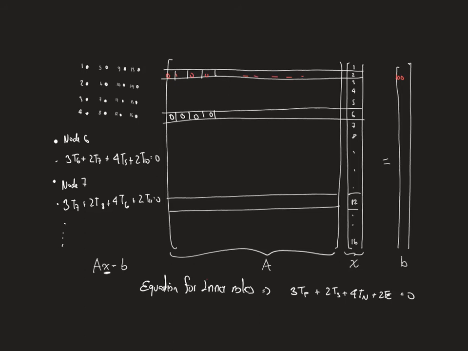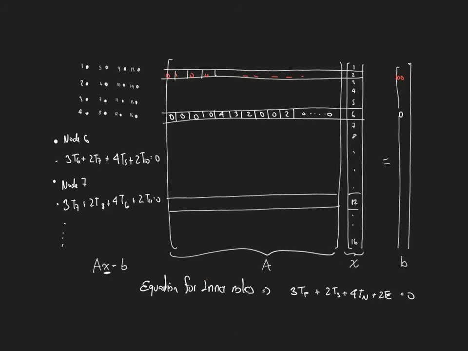Now we have something to multiply, so this is going to be 4. Then we continue. 6 is going to be 3. Then 7 is going to be 2. Then 8 there is nothing, 9 there is nothing, 10 we have 2, and there is nothing in the rest. Okay, and then we have actually built the equation for node 6.